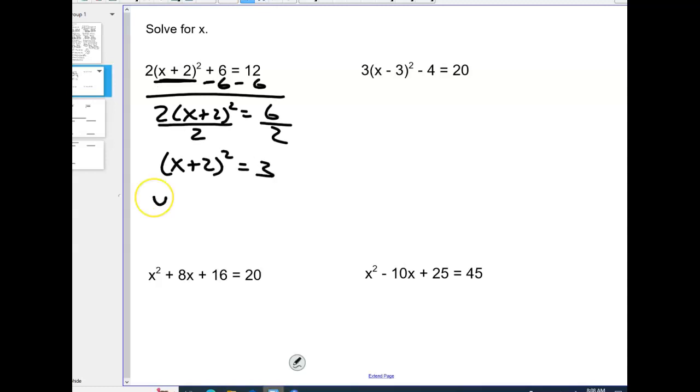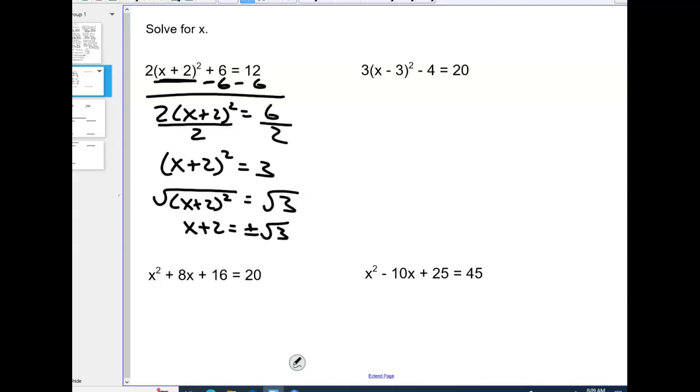So once the parenthesis is alone, we take the square root of both sides, so that allows us to get rid of the exponent of the parenthesis. So we end up with x plus 2 equals plus or minus root 3.